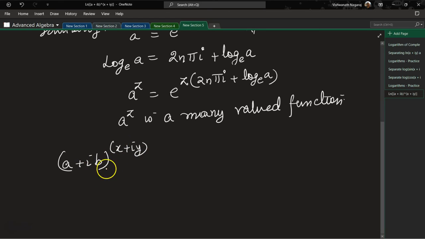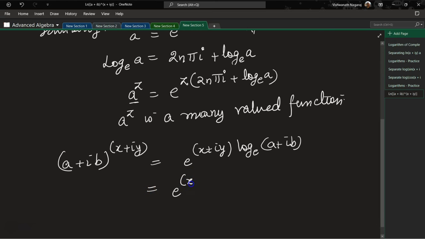We want to split it into two, one real and one imaginary, which means this can be written as e to the power of (x plus iy) log e of (a plus ib), right? Earlier we were just writing a to the power of z. Here we are writing the actual complex number itself, and here you have to follow a little bit carefully.